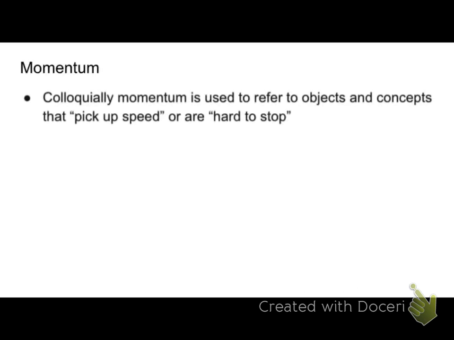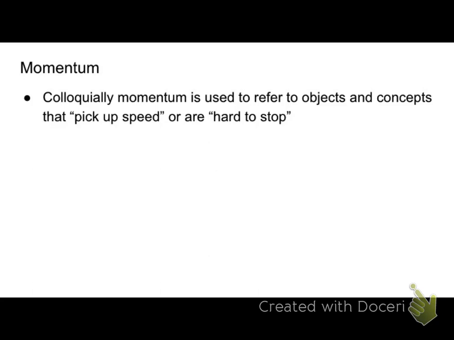So, momentum, the topic of the hour. Colloquially, momentum is used to refer to objects or to concepts that are picking up speed or hard to stop, right? So you could describe a movement, like a social movement, as having momentum, generating momentum, right?